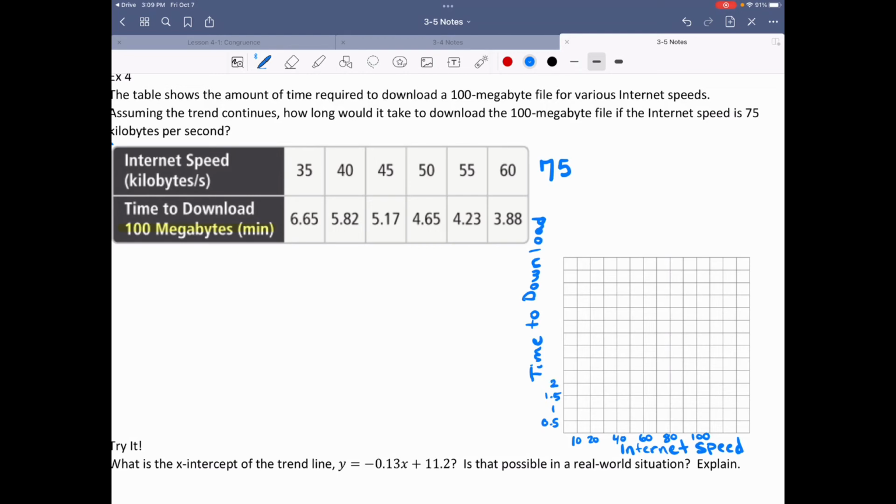I'll skip the 2.5 and put 3, skip the 3.5 and put 4, skip a line 5, skip a line 6, skip a line 7. Okay, so just remember that every middle line is counting by 0.5.